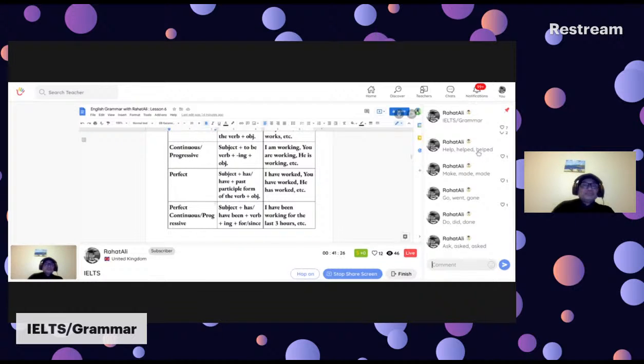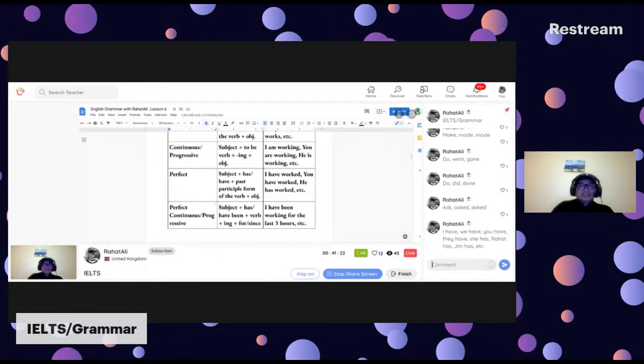After that, we have to use the past participle of the verb. Let's assume one verb, do. We'll make sentences with the verb do with different subjects, first person, second person, and third person. For the first person, I have done it.